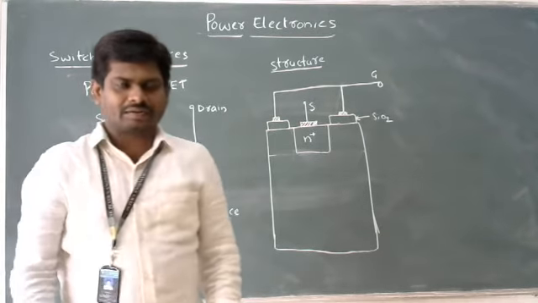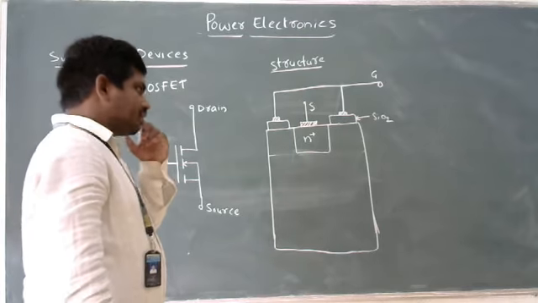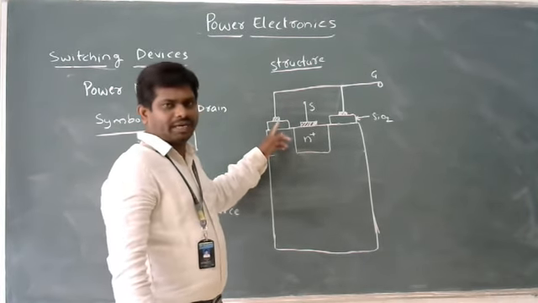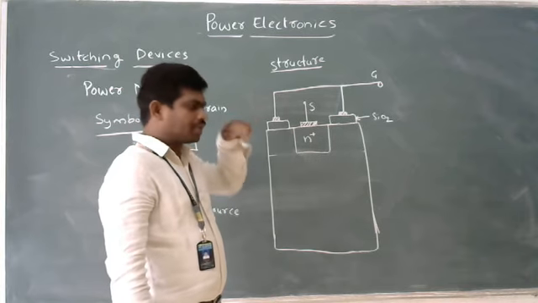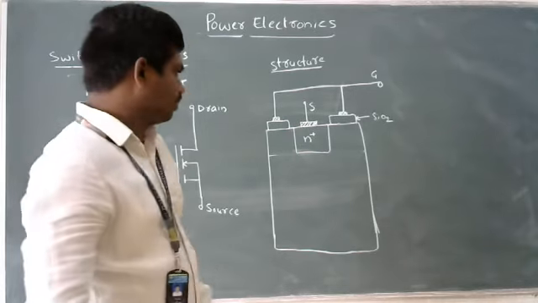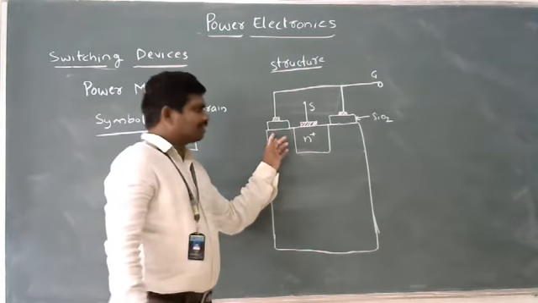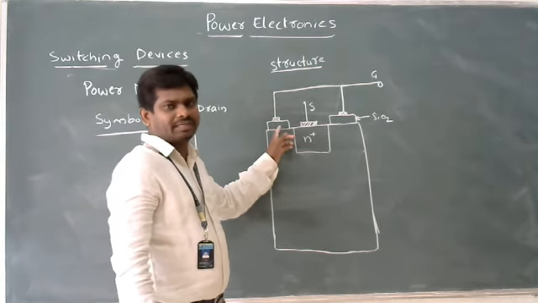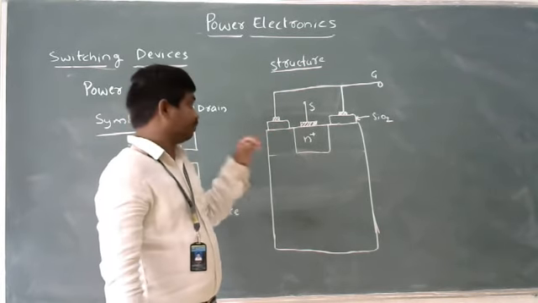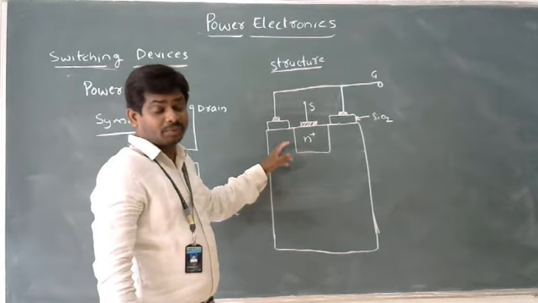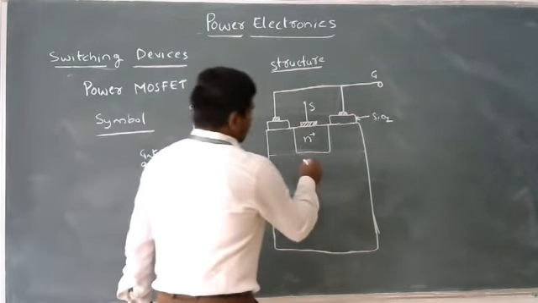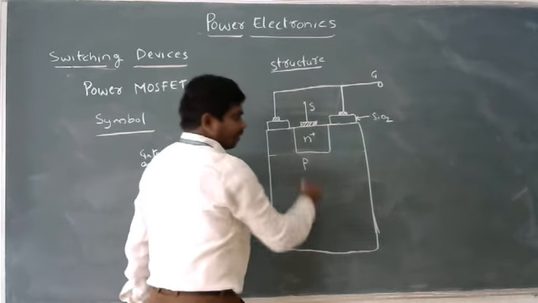We are connecting the gate not directly to the body, but through one medium, that is silicon dioxide. The width of the silicon dioxide medium is around 1000 angstrom. By placing this silicon dioxide material in between, it possesses the capacitance property, meaning it behaves like a capacitor. Then, as I said, this is a p-type body.